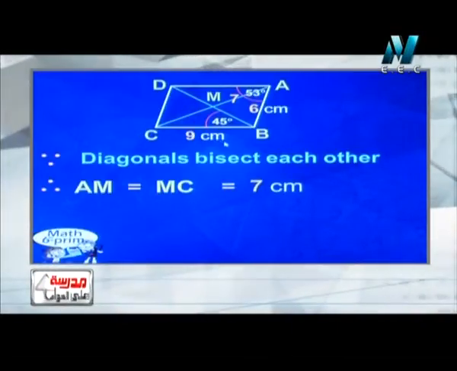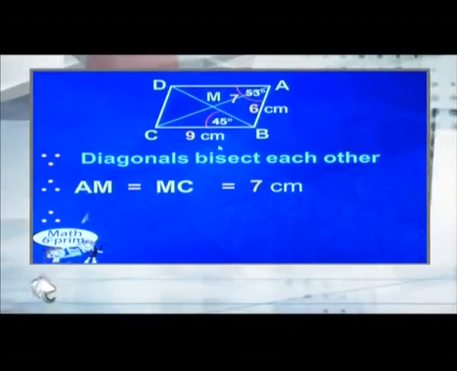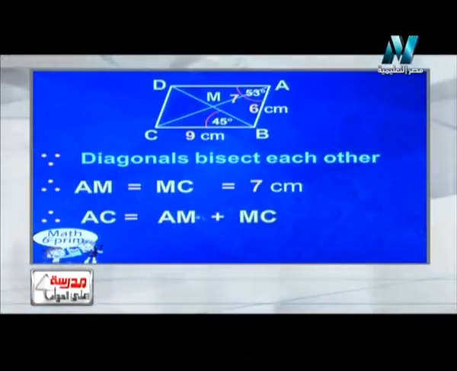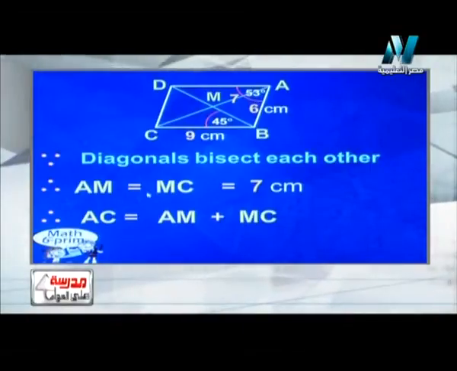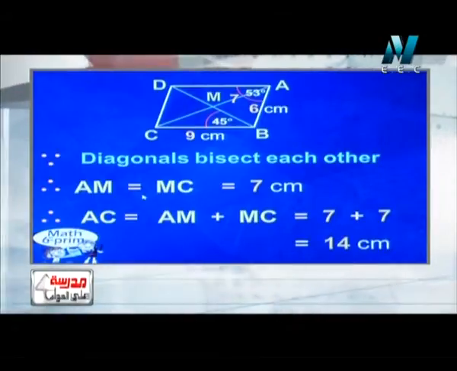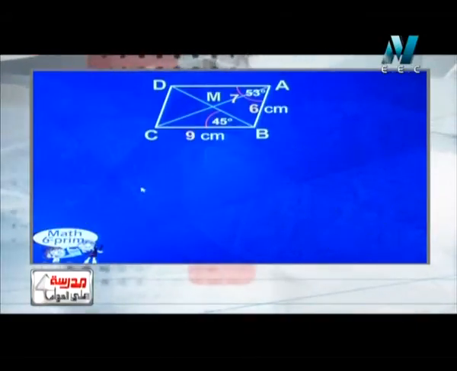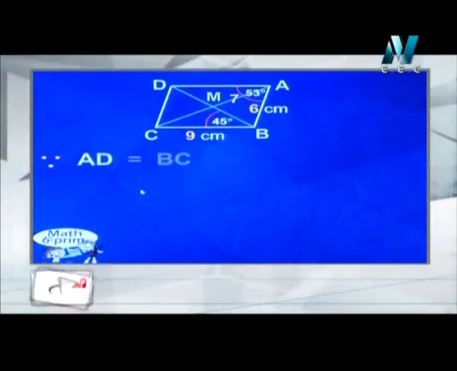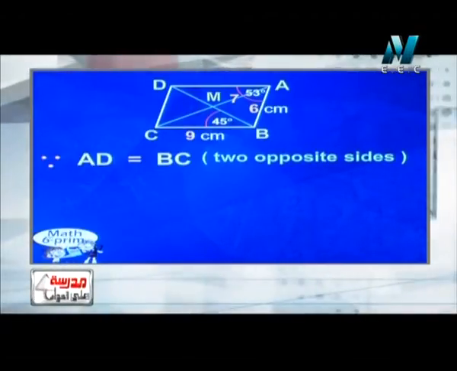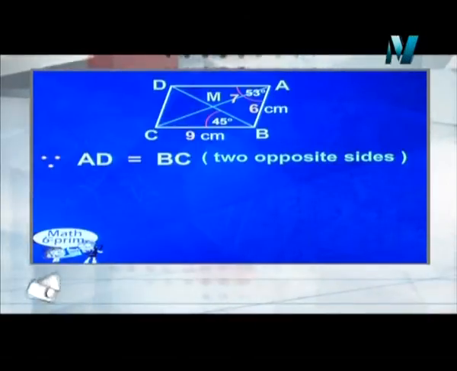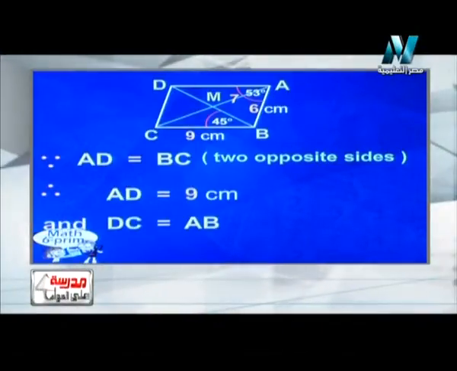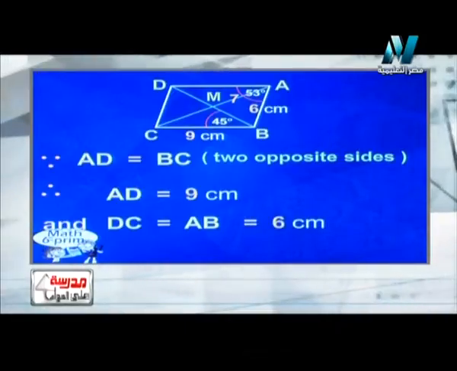So we can find AC. The total length of AC equals AM plus MC, 7 plus 7 equals 14. So easy to get the final ones. AD equals BC equals 9 centimeters, and DC equals AB equals 6 centimeters.